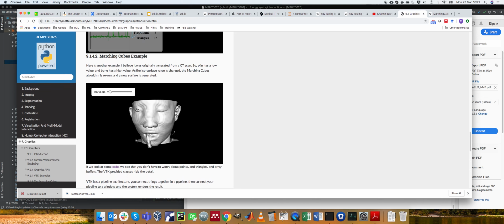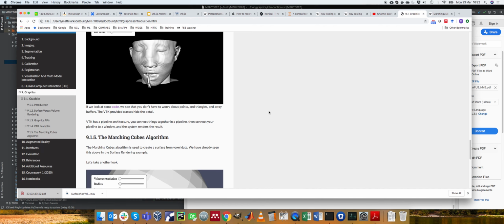So here you can again get the idea now that every time we change this threshold value, we're actually iterating through this whole volume of data and recomputing a different bunch of triangles. So it's quite amazing that it goes quite this quickly, but that's modern life for you.